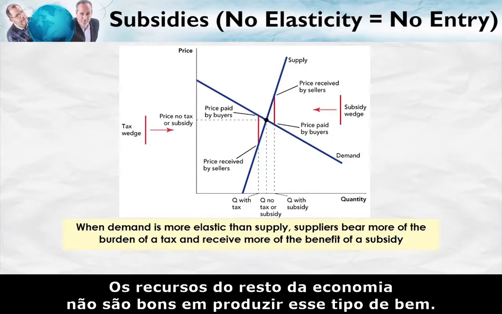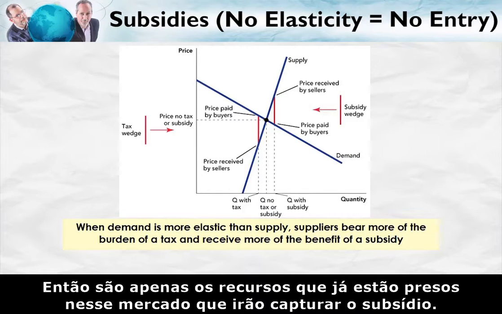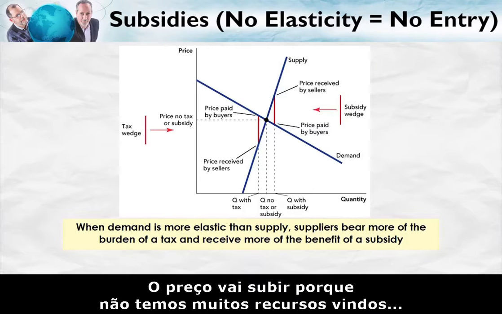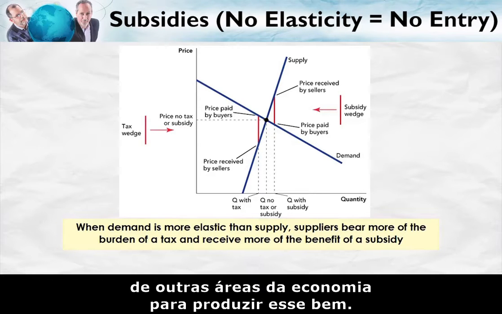The resources in the rest of the economy are not good at producing this type of good, so it's only the resources which are already in this market, the fixed resources, that are going to grab up the subsidy. The price is going to go up because we don't have a lot of resources coming from other areas of the economy to produce this good.